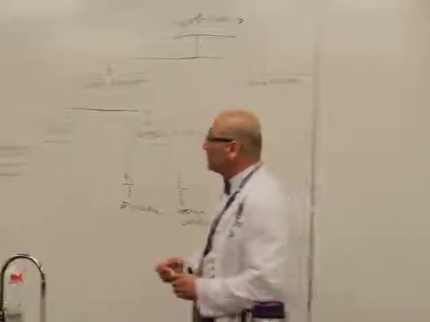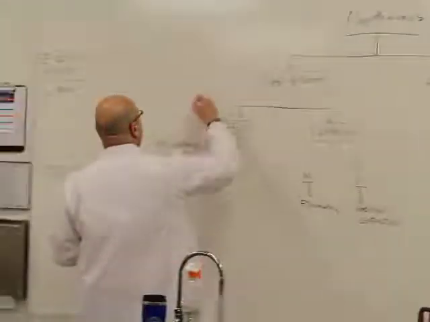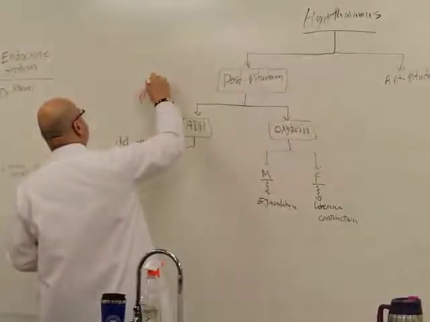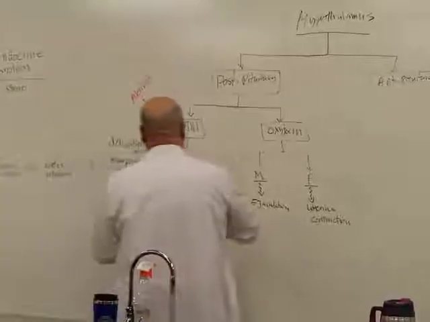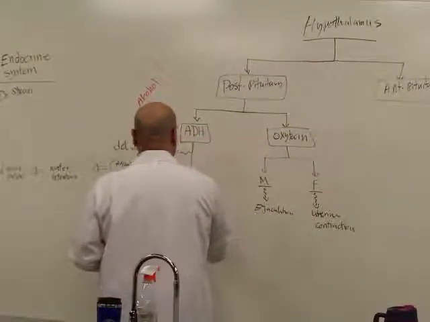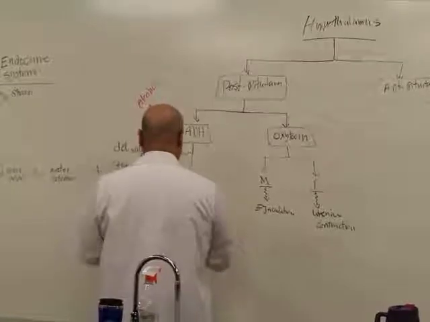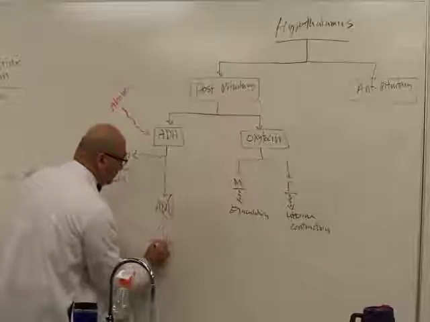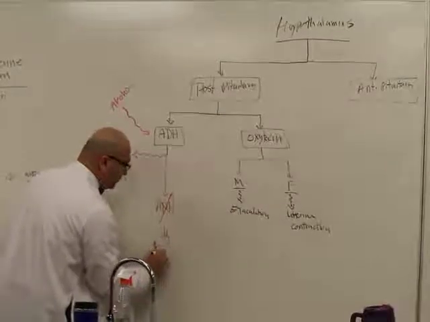So if there is alcohol involved here, so ADH is blocked, and that means you get to increase urine output.